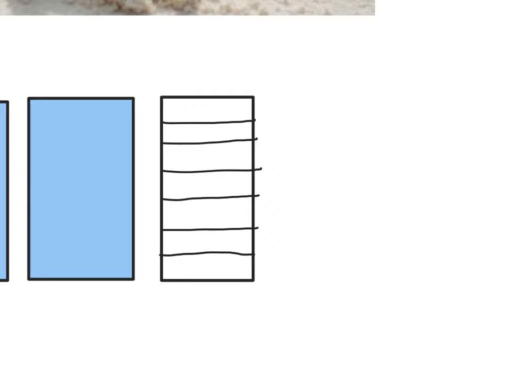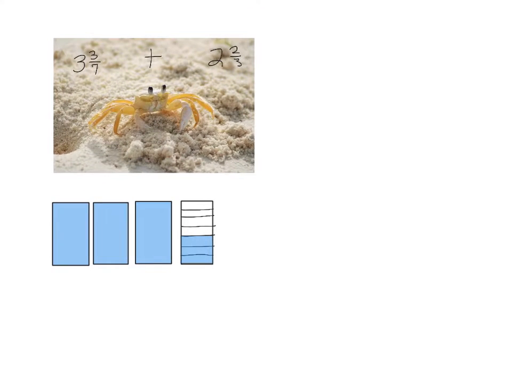That gives me 7 parts, and I get 3 out of those 7. So I'm going to color in these 3 right here. That gives me 1, 2, 3 out of 4, 5, 6, and 7.